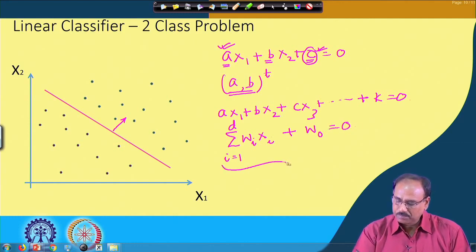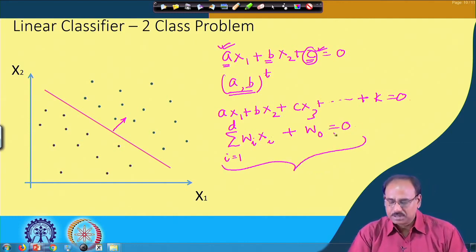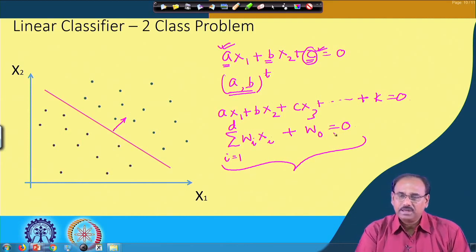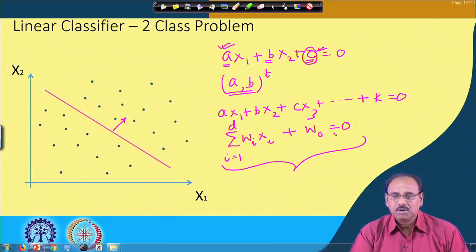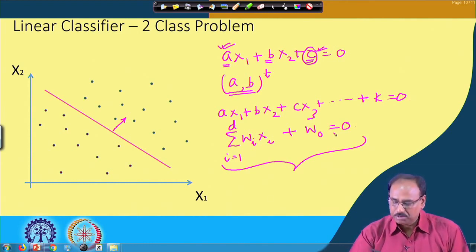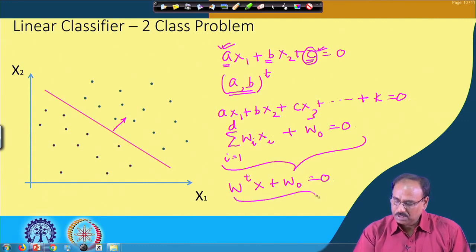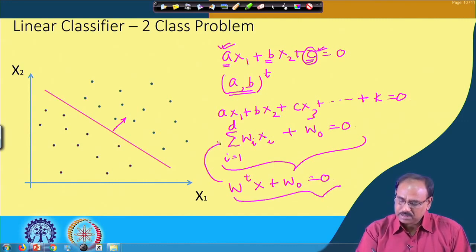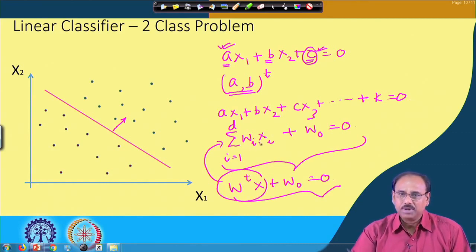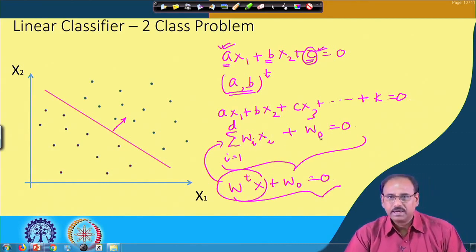You remember that this equation is similar to what we had derived earlier, the decision boundary between two different classes using the normal multivariate distribution, which was w transpose x plus w naught equal to 0. This is the same as this when w transpose x is expanded component wise. So, this is the expression that I get.